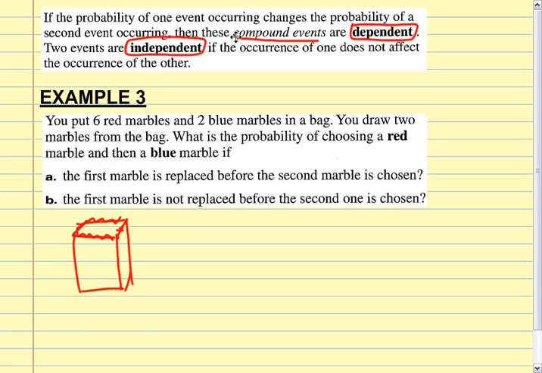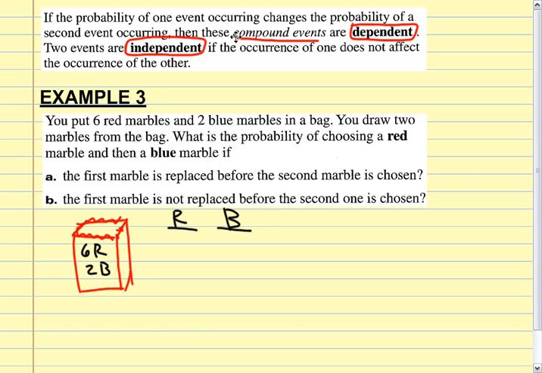Inside that paper bag, you can't see it, but there are 6 red and there are 2 blue. You draw 2 marbles from the bag. What is the probability of choosing a red marble and then a blue marble if the first marble is replaced before the second marble is chosen? That's A.